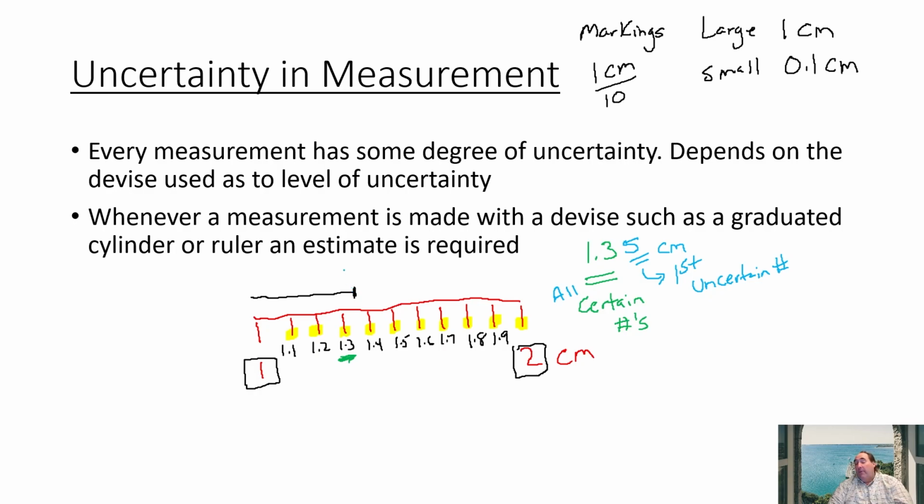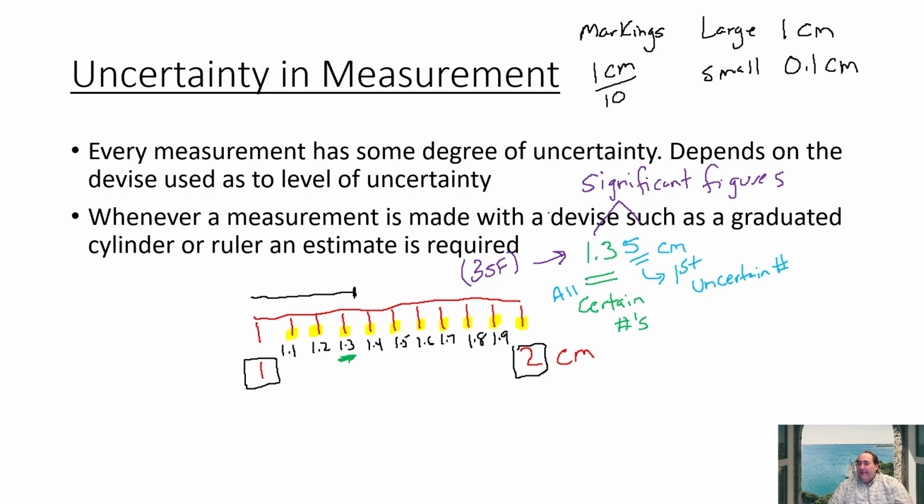The reason you want to do that and the importance of doing that is when you record all of the certain numbers plus that first uncertain number, that frankly is what significant figures are. Which means this measurement that I just made has 3 significant figures. All those numbers are significant.